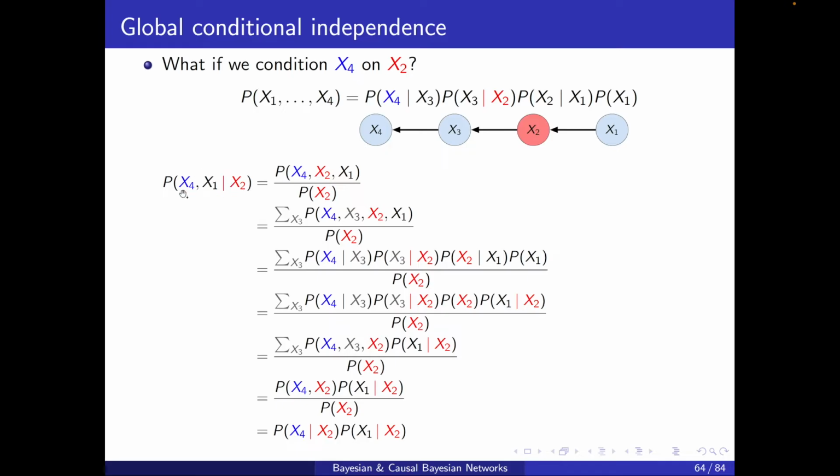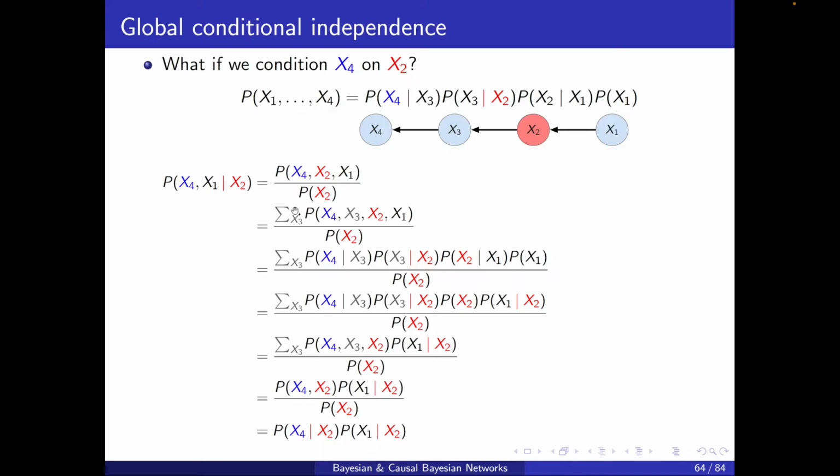So by definition, this conditional probability can be written as the numerator divided by the condition part. And I want to use this factorization. For that, I need to have x1 to x4 in the numerator. Here I just have x4, x2, x1. I'm missing x3, so I will add it here, but I cannot just add it there.